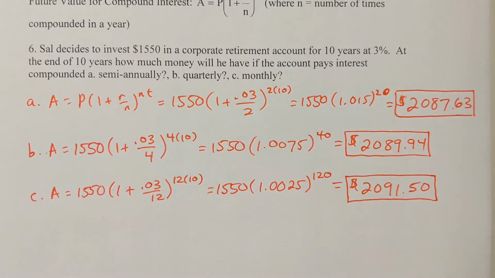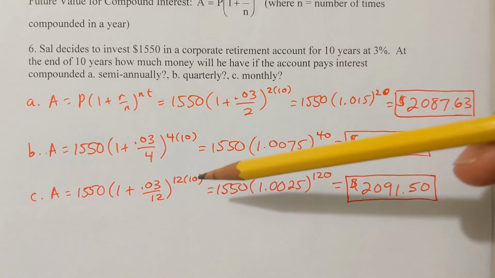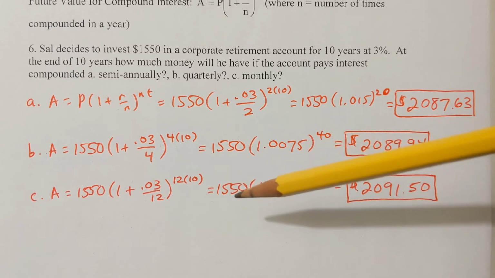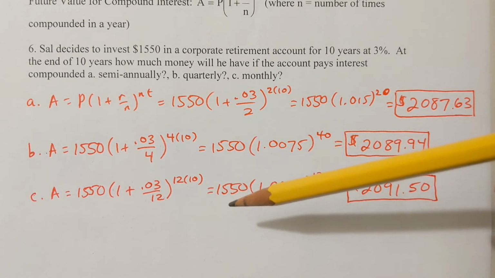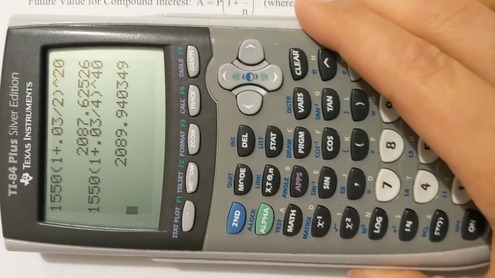Okay. So what if the account pays interest compounded monthly? Well, again, the only thing that changes there is the n value. So we're compounding monthly.